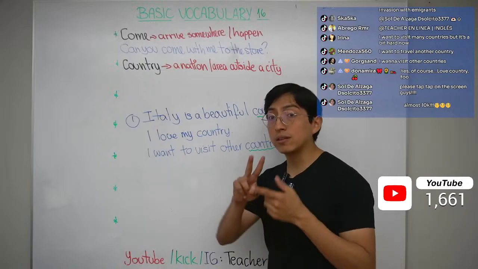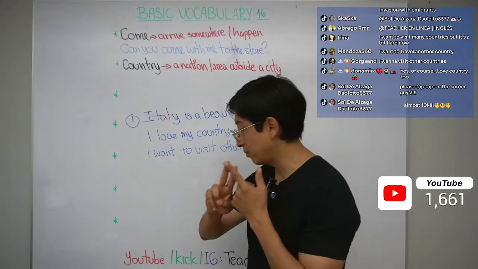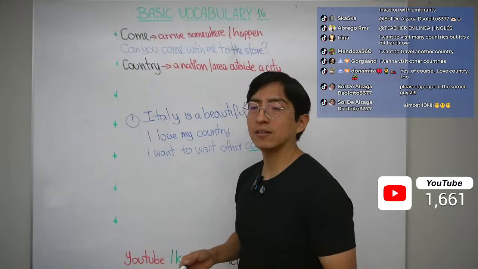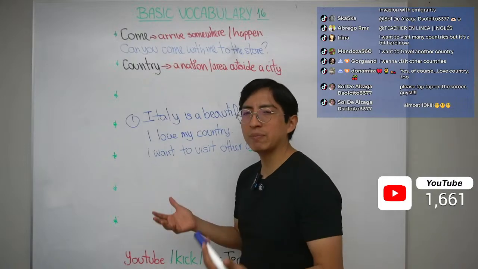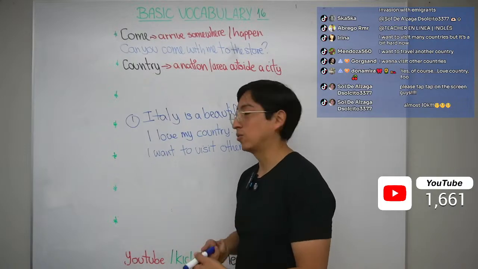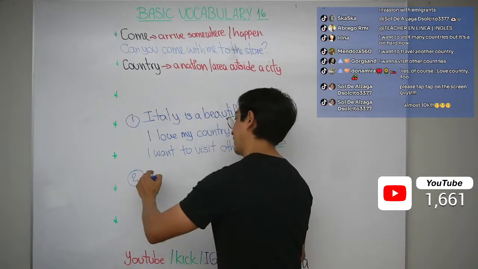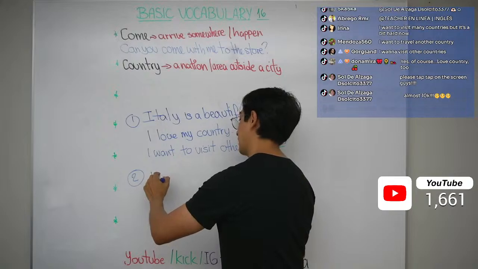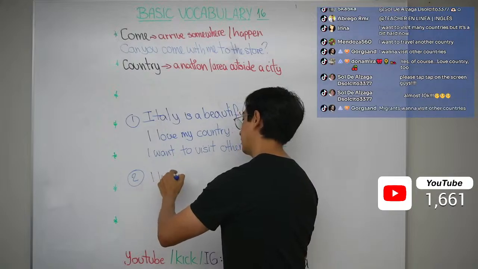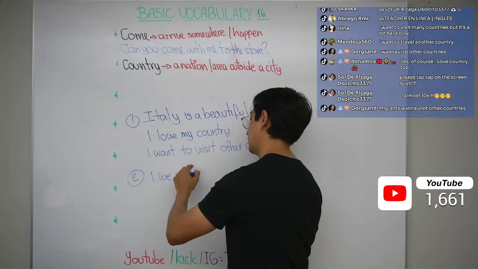Now, let's continue with the second meaning, okay? The second meaning is a meaning that many people ignore or don't know. For example, we can say, I live in the country.